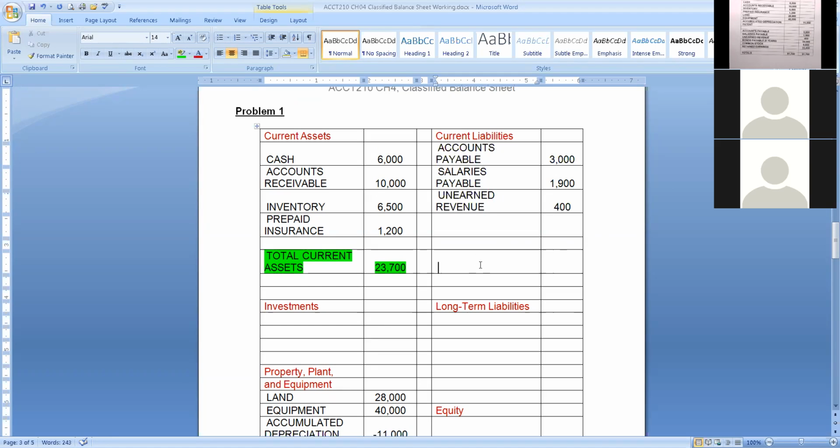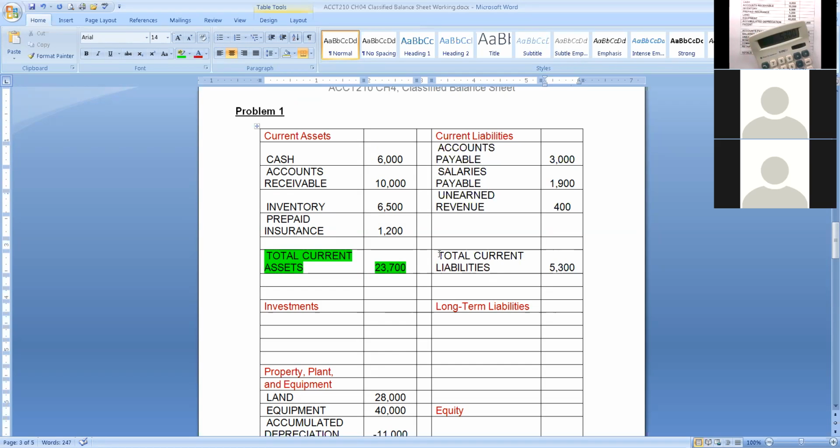So our total current liabilities are all those together. Actually, really good in my head. 5,300. Check. So 3,000. Yeah, 5,300.